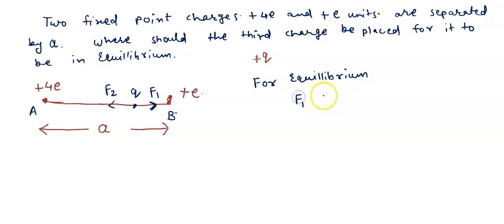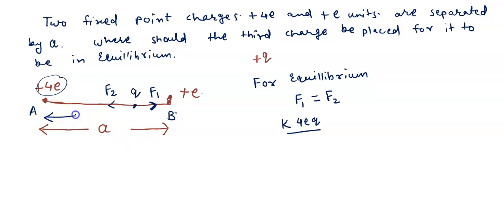That is, F1 should be equal to F2. Now what is F1? F1 is 1 upon 4 pi epsilon naught, which we write as K, Q1. For F1, this is the force exerted by 4E on this Q, so it will be K into 4E into Q divided by, okay, now the distance is not mentioned.